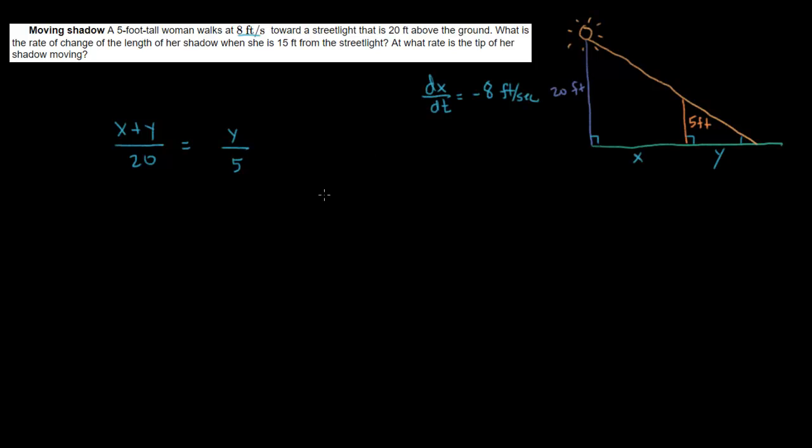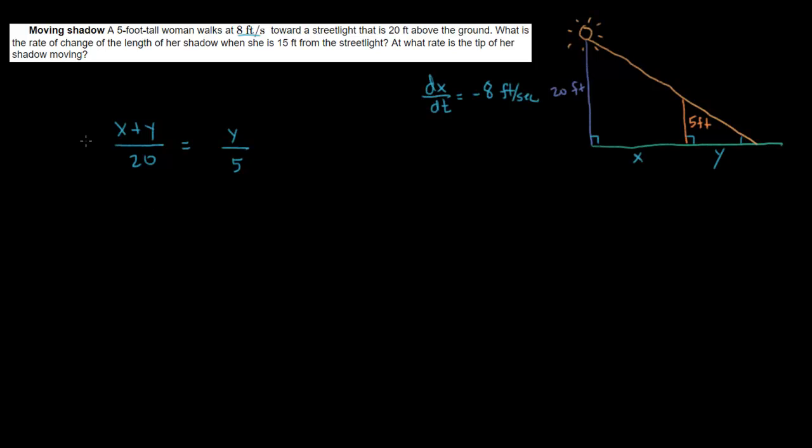And that's going to be how we get our related rates equation, because now we have an equation that relates x's and y's. Now, I probably want to clear the denominators, clean this up a little bit first. Let's just multiply both sides by 20. That's easier.